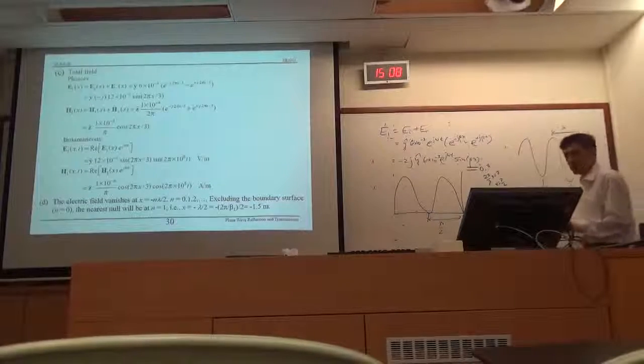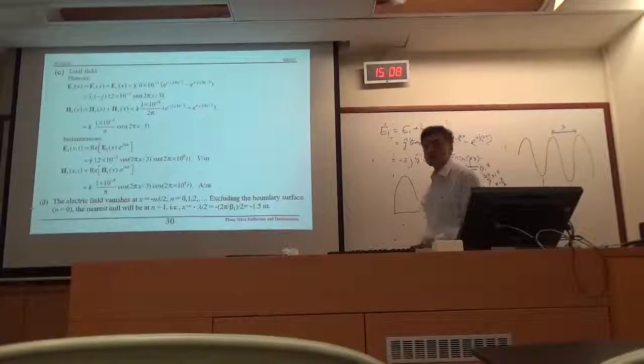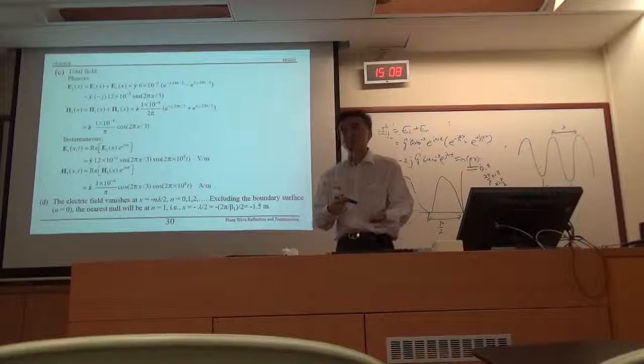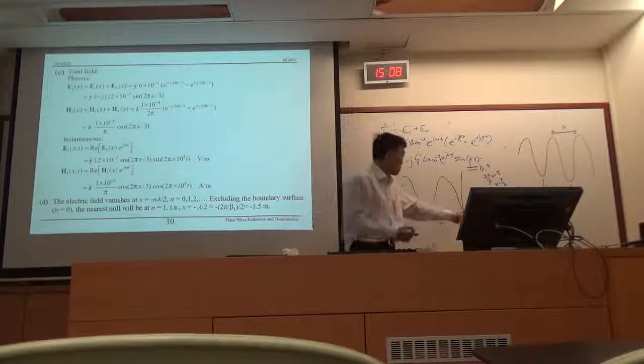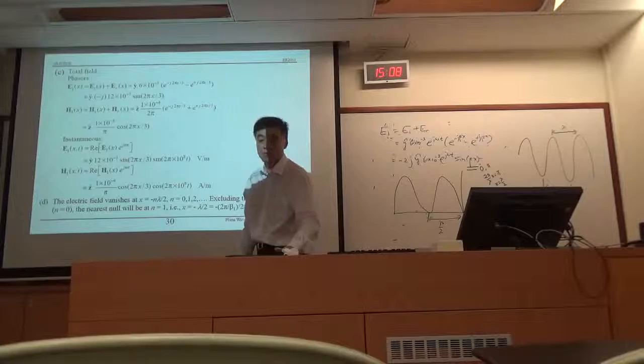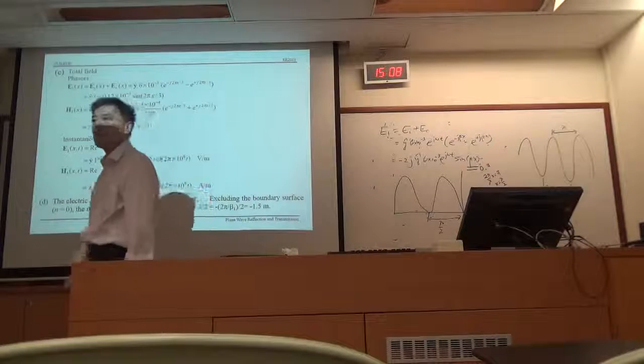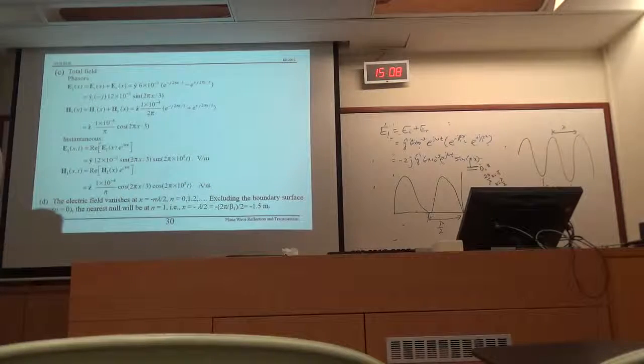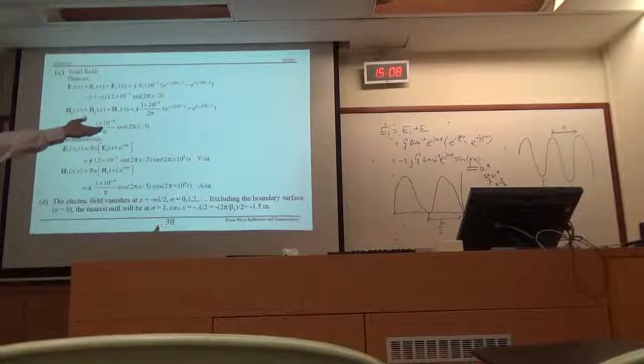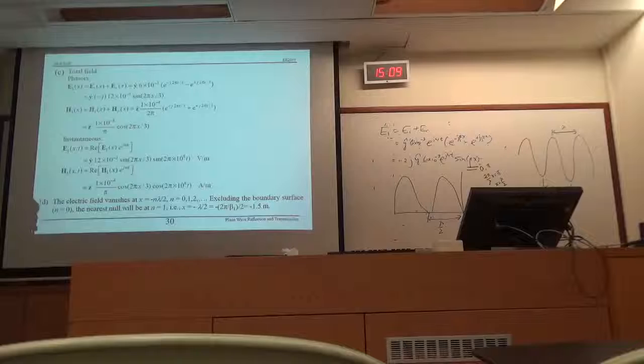This is wavelength, right? Minimum to minimum is lambda, maximum to maximum is lambda. But now my minimum to minimum is lambda by 2.